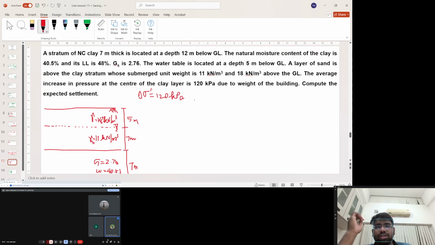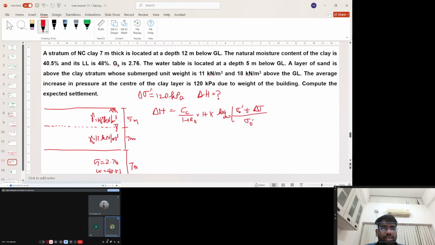Alright. Now what we need is delta H. Right. Now what is the relation for delta H? Delta H is equal to Cc by 1 plus e naught into H into log 10 of sigma naught dash plus delta sigma divided by sigma naught dash, right?